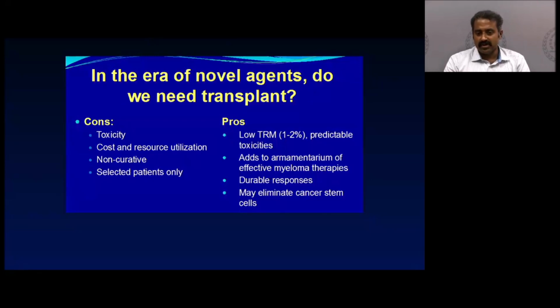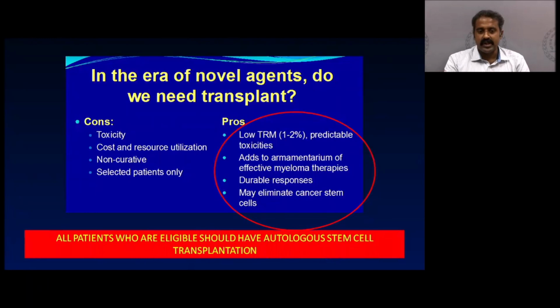Because of predictable toxicity, the transplant-related mortality is only 1 to 2%. So in the current world, the standard of care for multiple myeloma is that if a patient is eligible for a stem cell transplantation, all these patients should undergo a transplant with the first response.